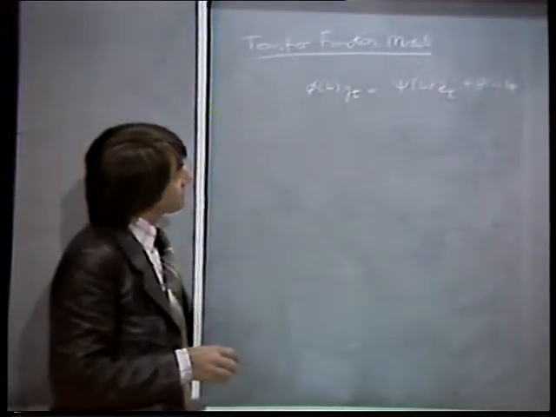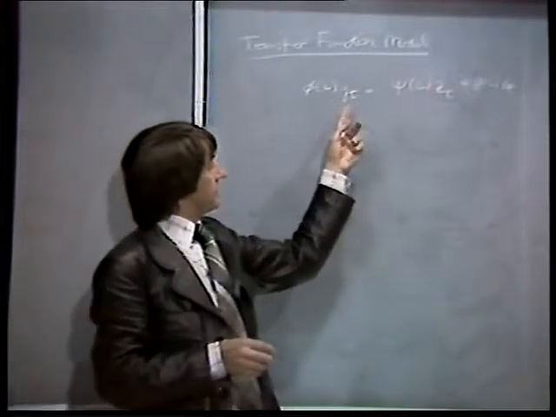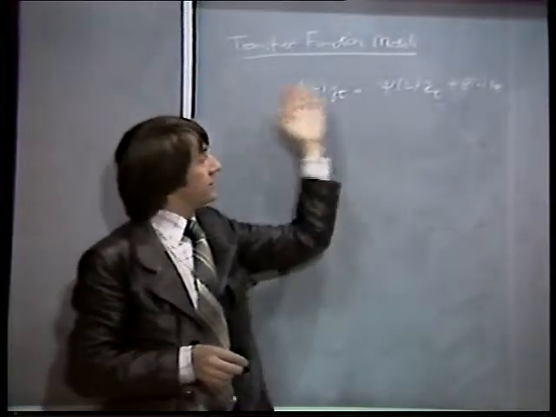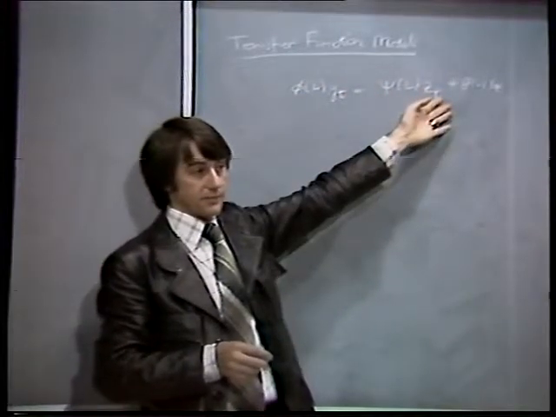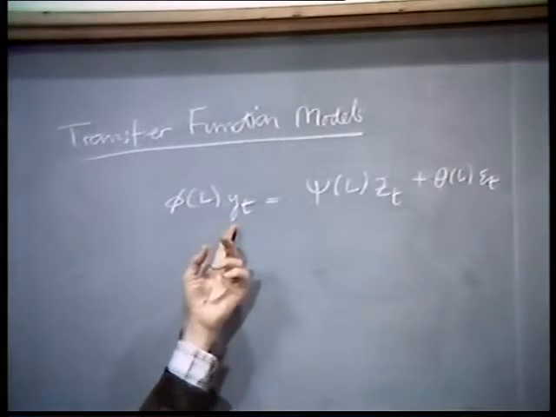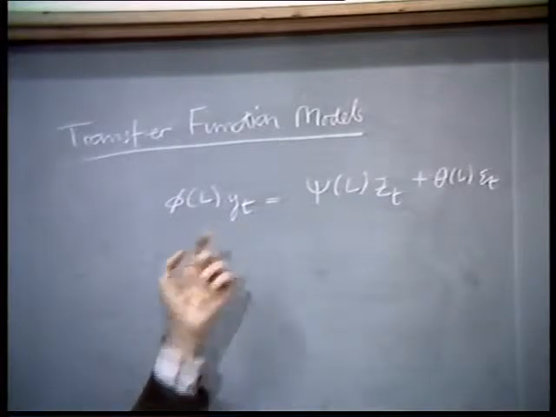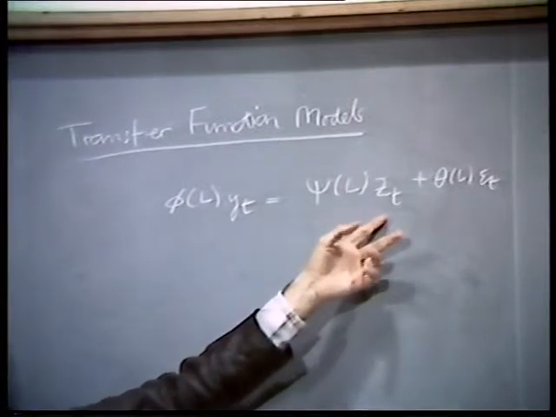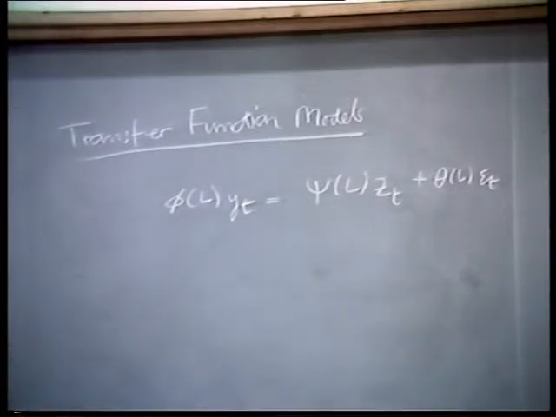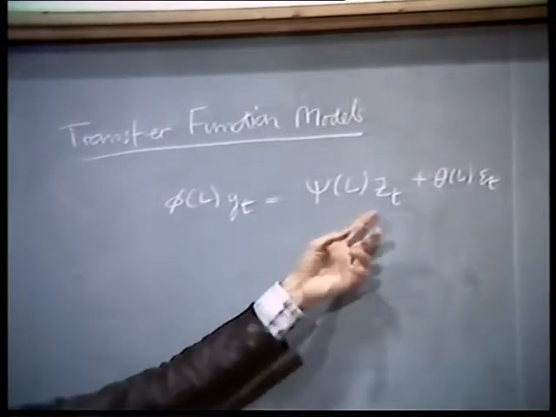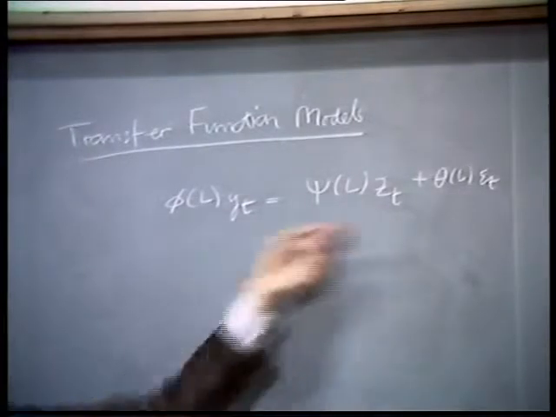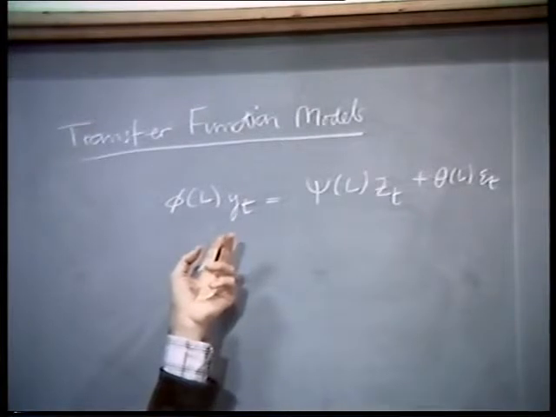And in particular, if we were to apply differencing filters to y_t and to z_t before attempting to find a model of this type, so that, let's say, we now difference y_t until it seems to be a stationary variable. We also difference z_t until that appears to be a stationary variable. And this could arise especially if y_t and z_t had seasonal components, so that the differencing might just be some seasonal adjustment filter.